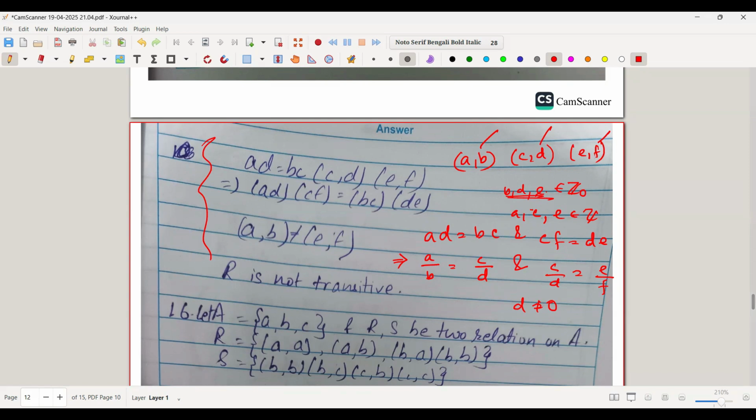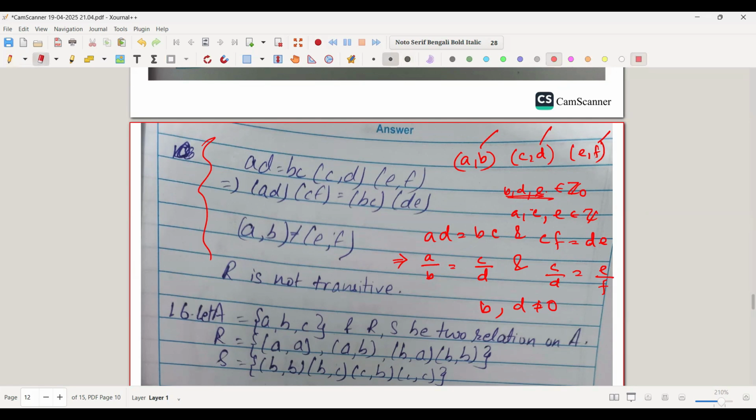d not equal to 0 and b also not equal to 0. b, d, f all are not equal to 0.